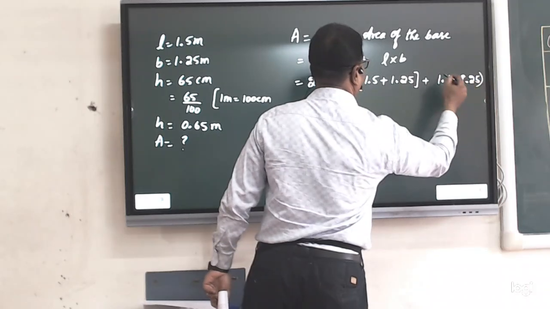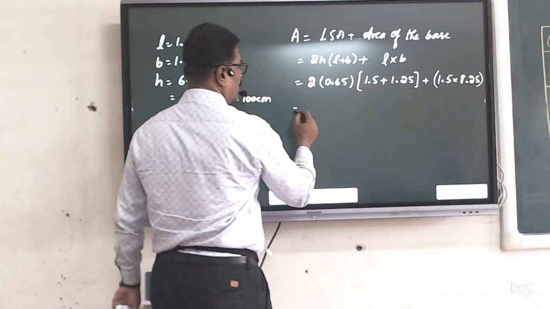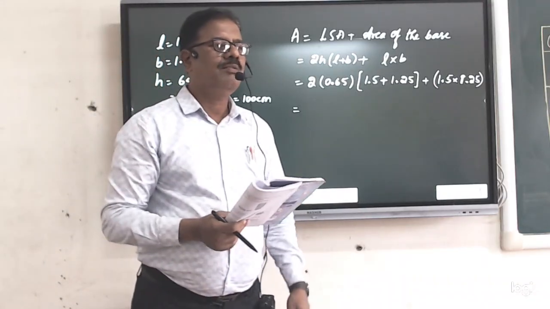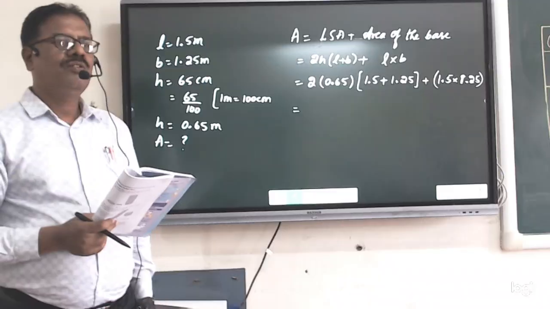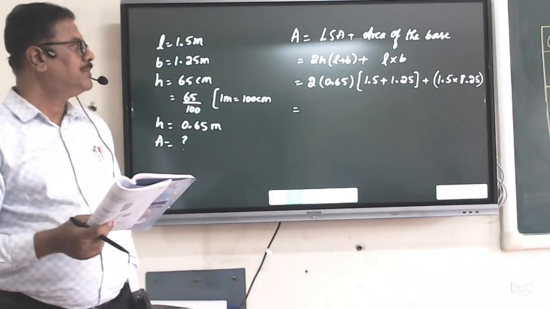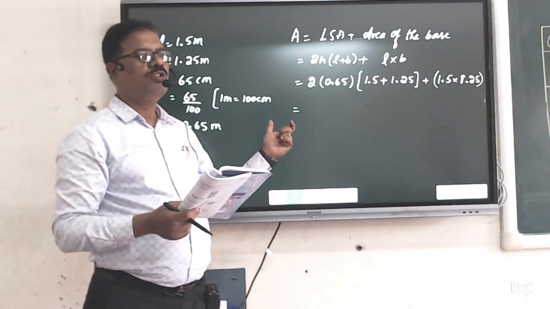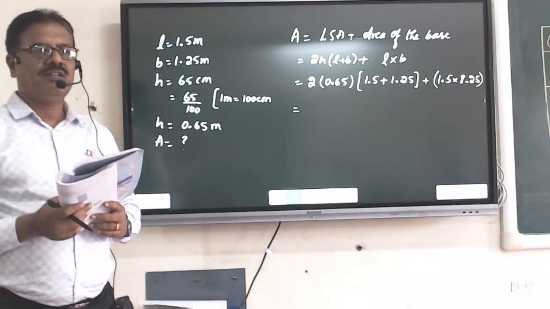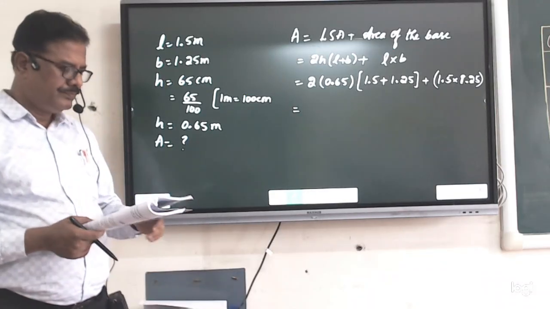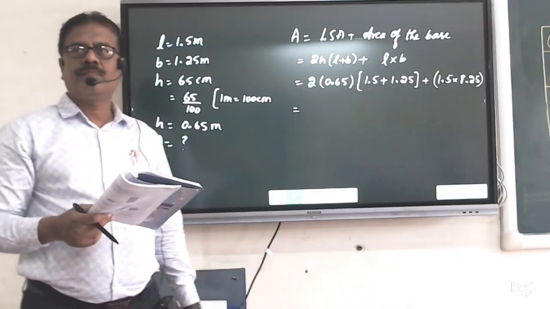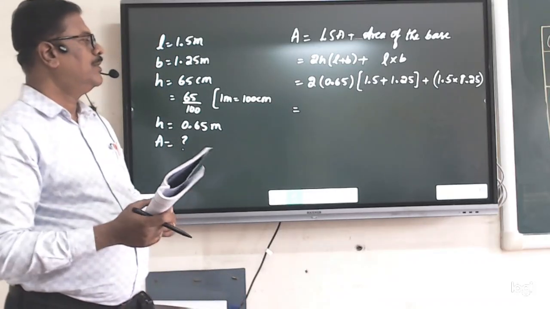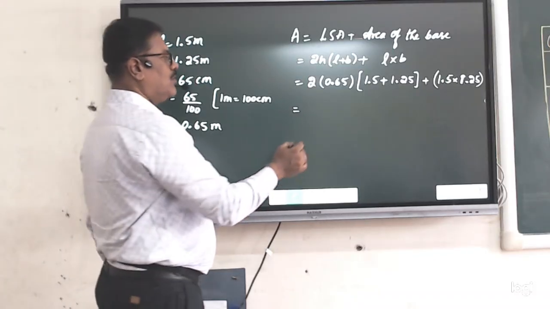So when you simplify this, you will get the solution. Come on, get it done now in our book. And tell me what is the answer. You multiply 2 into 0.65 and tell me what is the multiplication. Okay, see here only you can do, children.